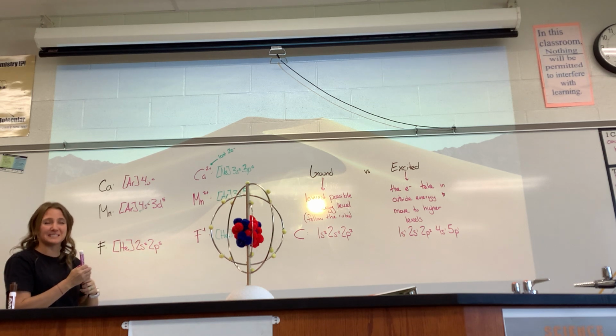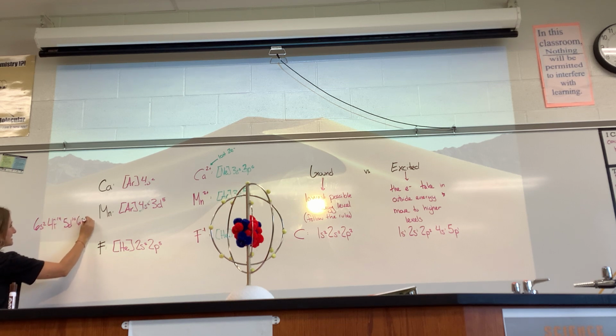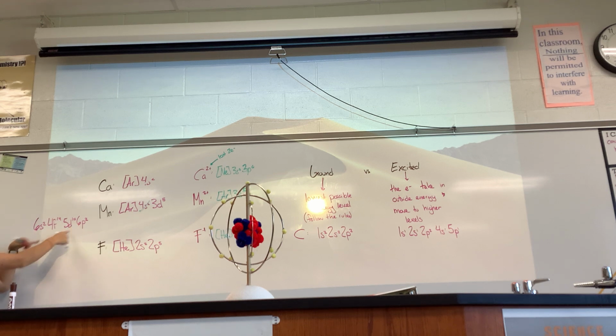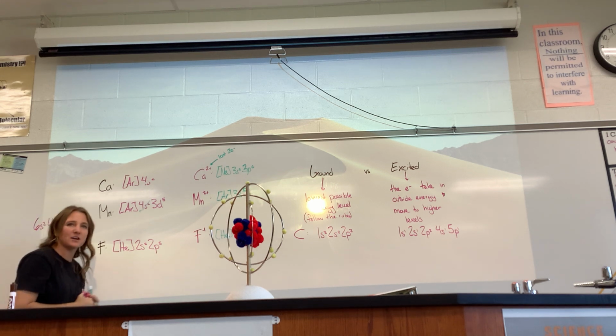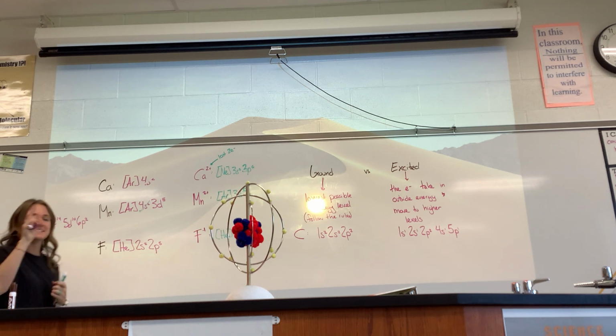Does that make sense? Yeah. Because for example, if I did something like 6s2, it goes down to 4, and then 5, and then back to 6. And so in the end, these are the only 2. Gotcha. As of right now, there's no such thing, but I see what you're asking though.